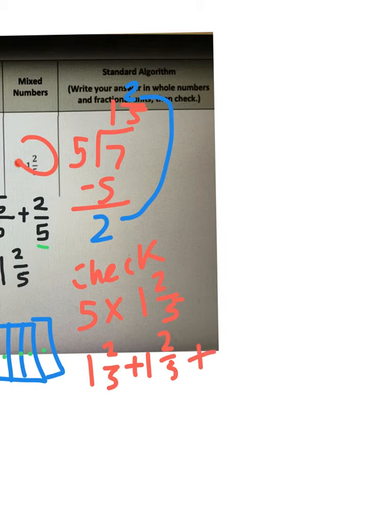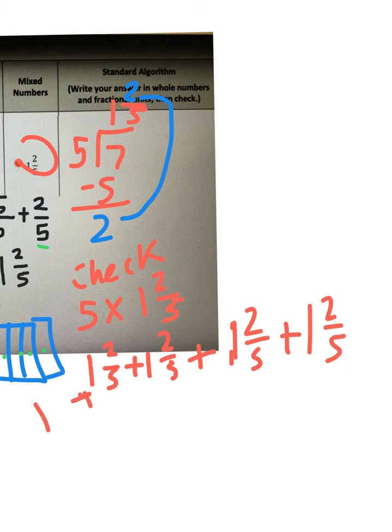That's the goal. 1 2/5, 1 2/5. That's 3, that's 4, and the last one plus 1 2/5. So how many wholes do we have? Whole numbers 1, 2, 3, 4, 5. We have 5.